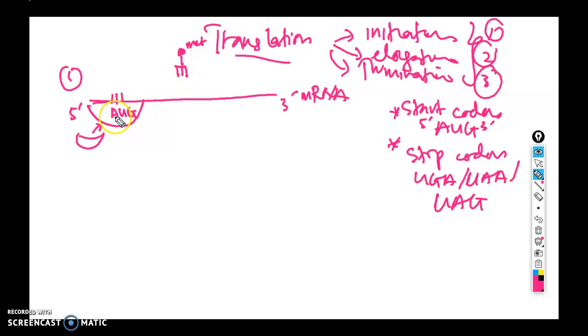And this tRNA is complementary with the mRNA codon: A with U, and G with C. Read in 3 prime to 5 prime.